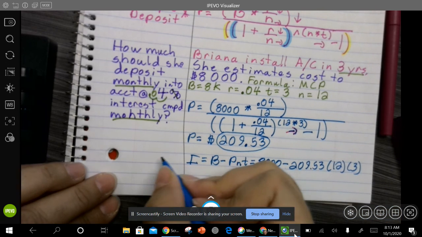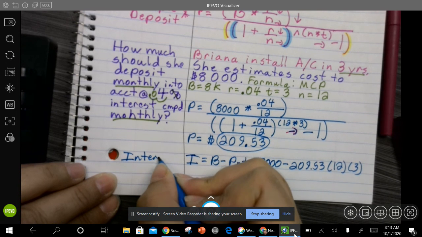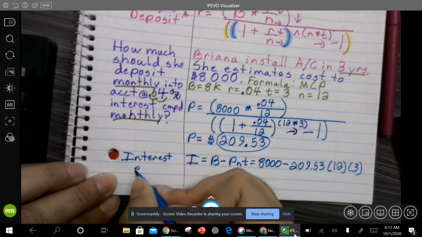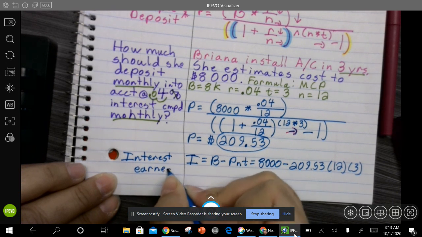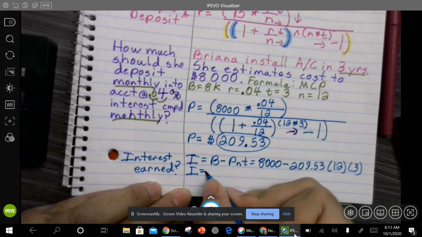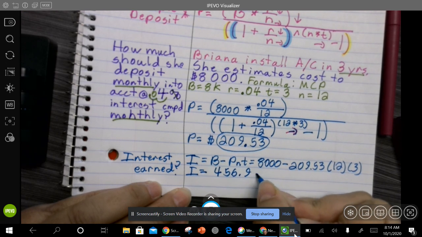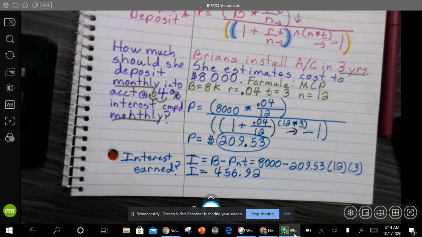So everybody, this is to figure out how much interest she earned, how much money she earned on her money. So we get $456.92. You got this, everybody.